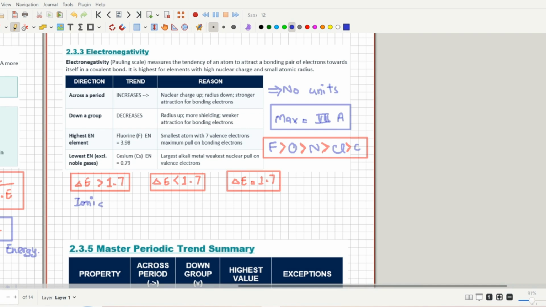If the difference is less than 1.7 and greater than 0.5, then you will have a polar covalent bond.